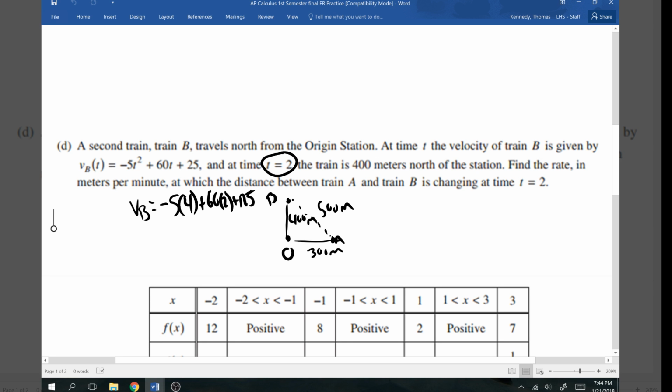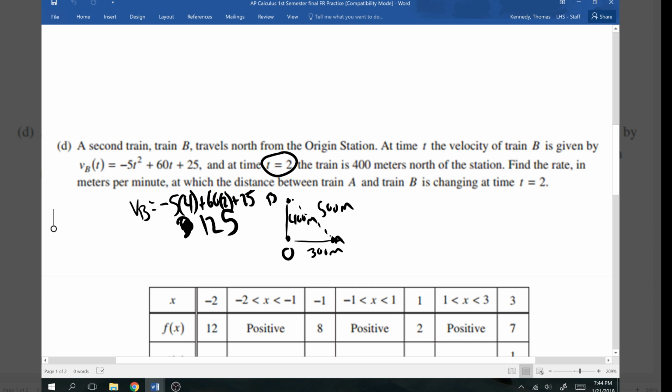So that train is moving at negative 20 plus 120 is 100, plus 125 is 225. What did I do wrong? Oh, that's just a 25. Oh, rip. All right, my bad. This is negative 20 plus 120, which is 100, plus 25 is 125. And that is the velocity of that guy.